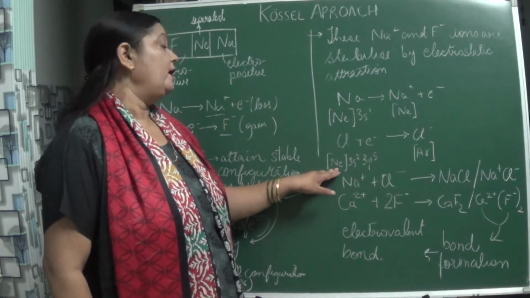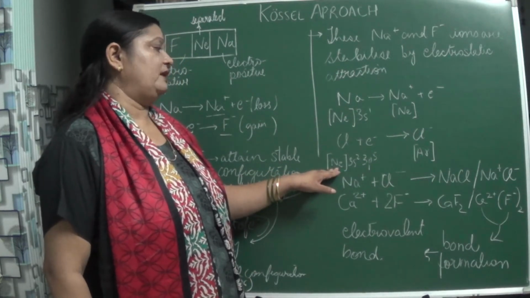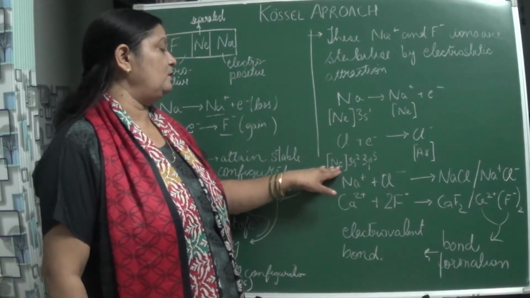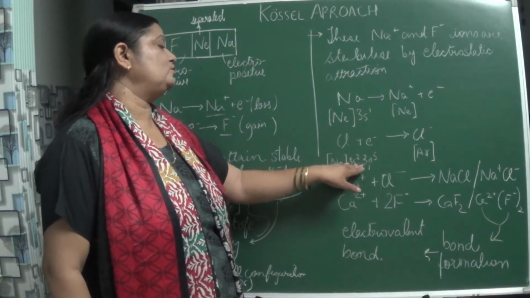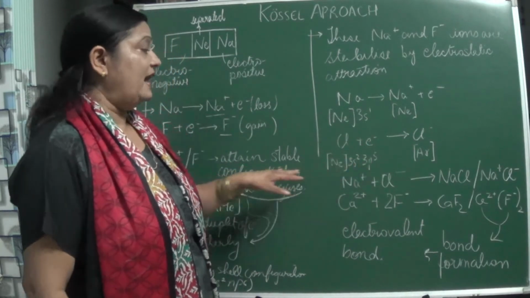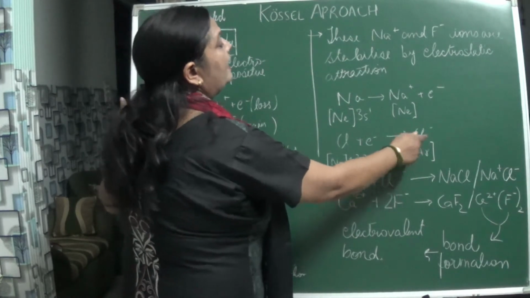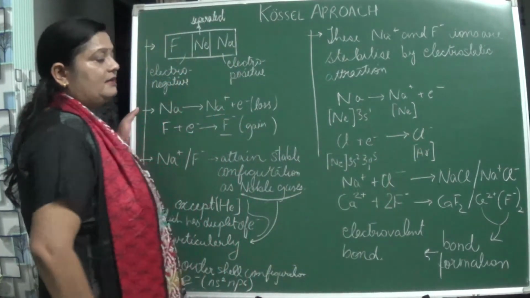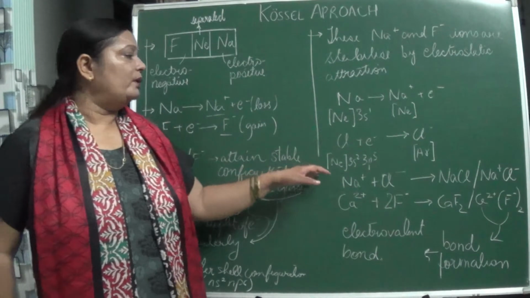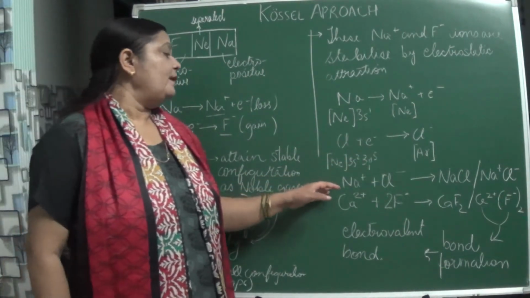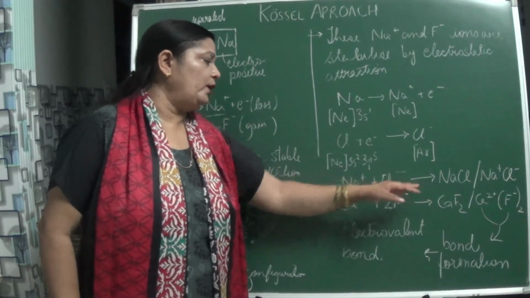Neon has 10 electrons and chlorine has 17, so the 10 electrons are represented by neon, then 3s2 and 3p5. When one electron gets added, it gets the stable configuration of argon.